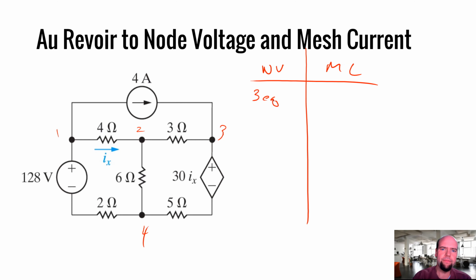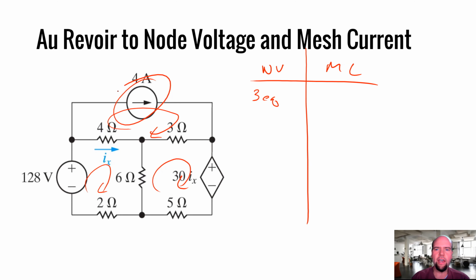What about mesh current? Mesh current, we got 1, 2, 3, but woo, look at that one. So mesh current, we have 3 equations, but really we have 2 because one of those mesh currents is already solved. So mesh current, we got sort of 2 asterisk, right? Because we have 3 meshes, but one of them is already known.